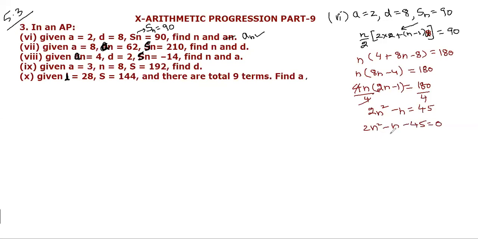Now it is difficult to split this one. So we can use the quadratic equation formula, n is equal to minus b plus minus under root b square minus 4ac upon 2a.